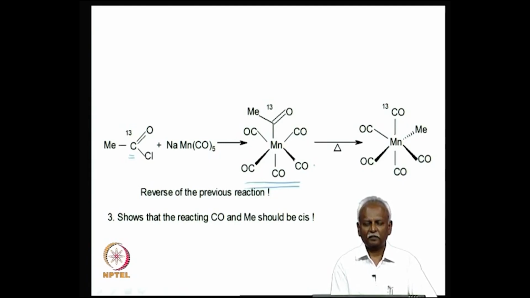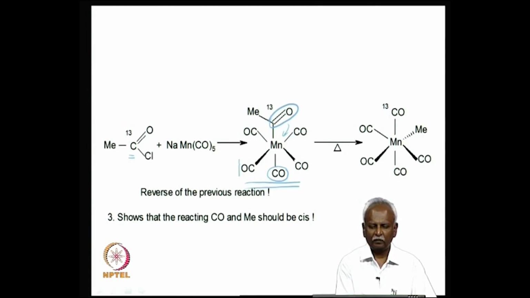The backward reaction just retraces the way by which the product was formed. So, when he heated this acetyl molecule, one of the carbon monoxides on the metal should have left, and here in this particular instance you have a carbon monoxide which is trans to the acetyl group. This could have left, and then you could have had movement of the carbonyl in this acetyl group back onto the metal. So, it could have been one of these carbon monoxides.